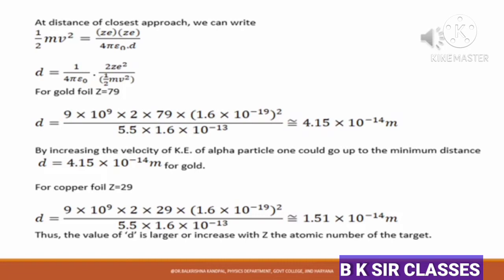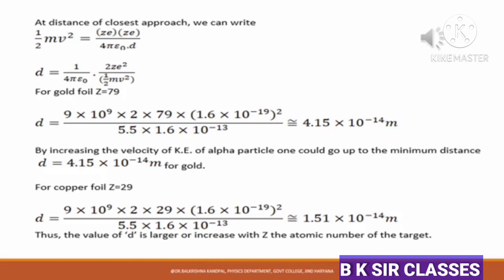This is the case for a gold foil, and suppose the atomic number of gold foil, that Z is equal to 79. In place of Z, if we put here 79, then what will be the value of D?